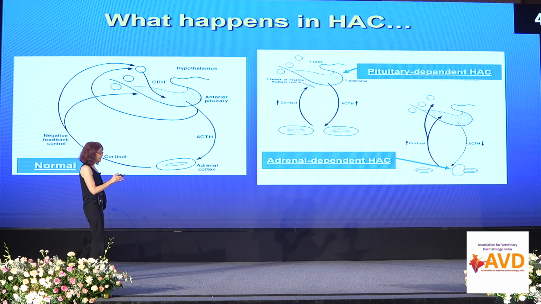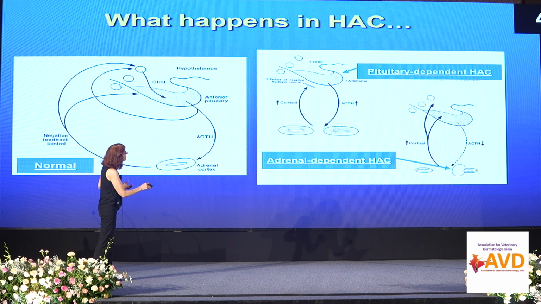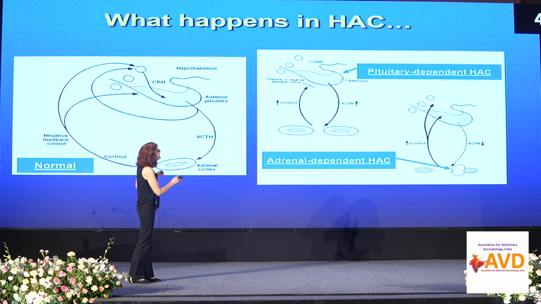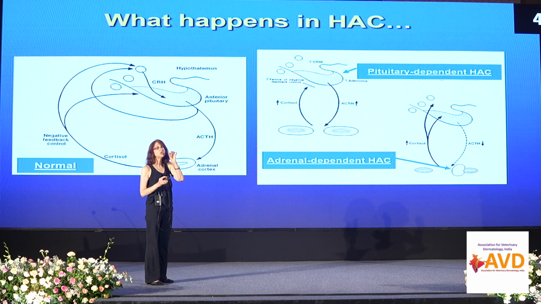What happens with Cushing's disease? Pituitary-dependent is the most common form of spontaneous Cushing's disease you'll be seeing. Most of these dogs have a very small functional tumor in the pituitary gland, and that tumor constantly produces ACTH. The tumors do what they want.